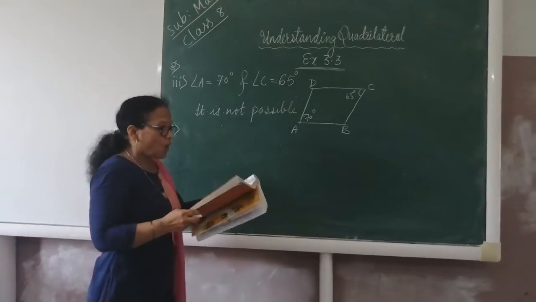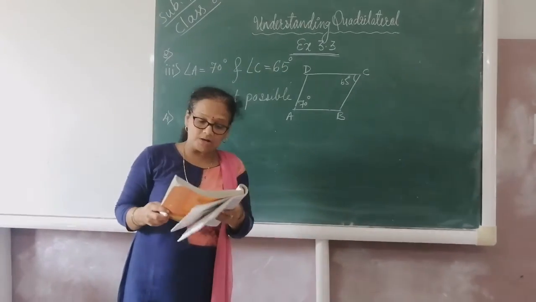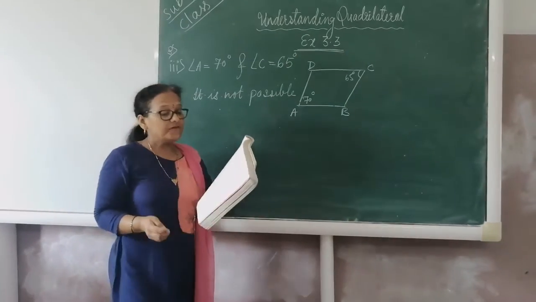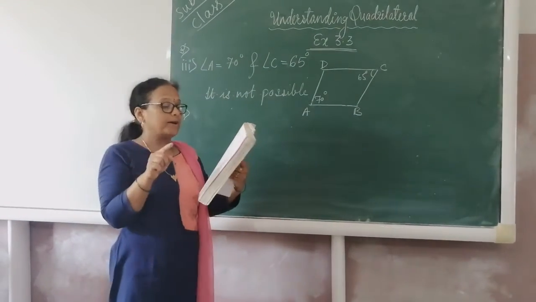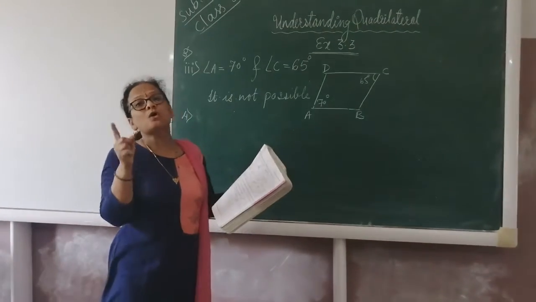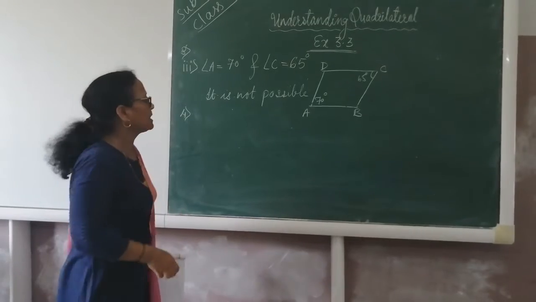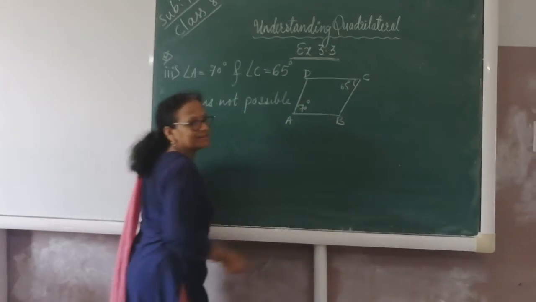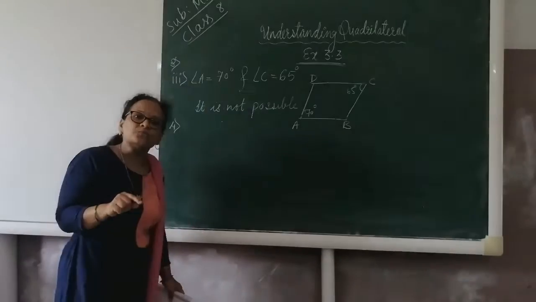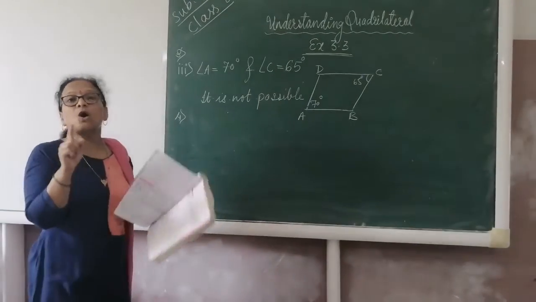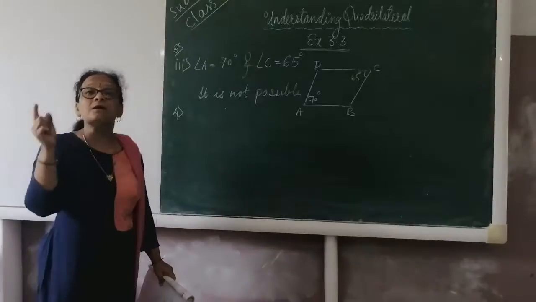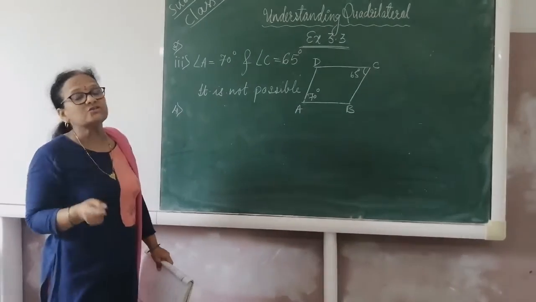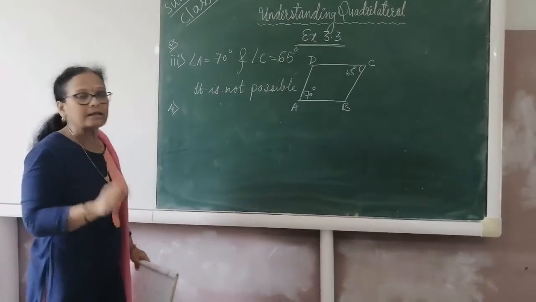Fourth one is given: draw a rough figure of the quadrilateral if it is not a parallelogram but exactly two opposite sides or angles are equal. It is not a parallelogram. For the parallelogram, opposite angles are equal. Here they have specified that this is not a parallelogram. Then which is the other quadrilateral in which the opposite angles are equal?